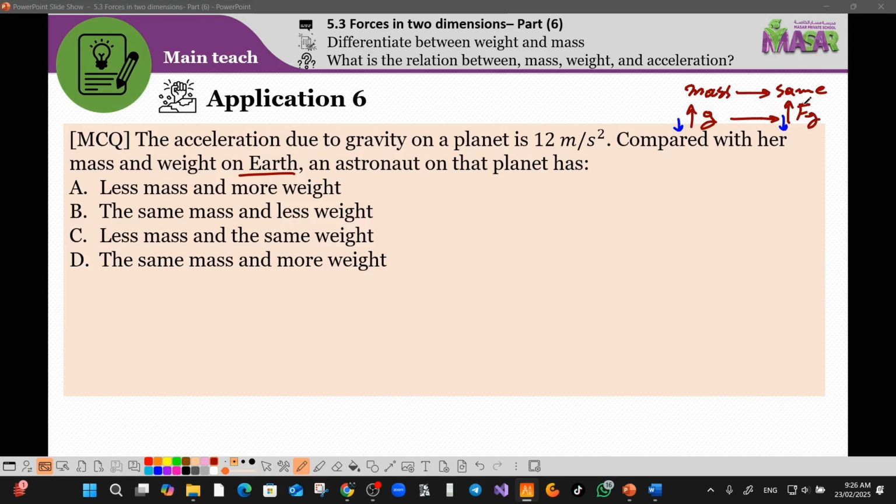As a result, the Fg will increase. Remember that the force of gravity represents the weight of the body. So the weight of the body will increase and the mass will stay the same. This is why I will choose D, because it describes this situation correctly. The same mass won't be affected and more weight.